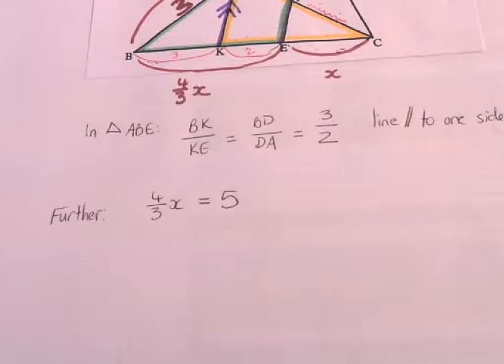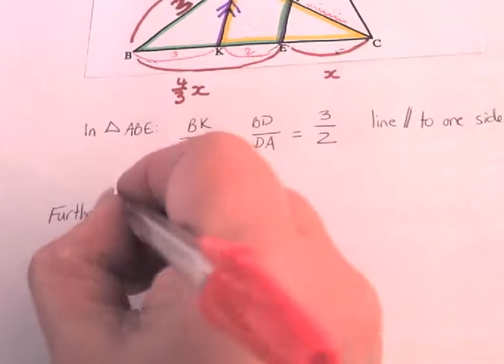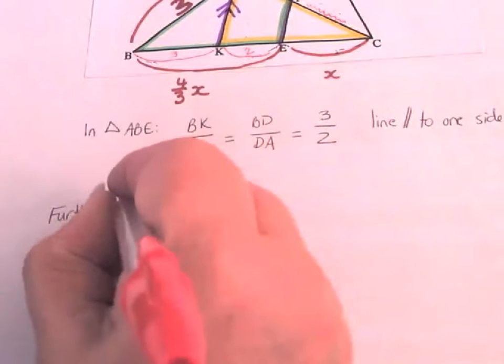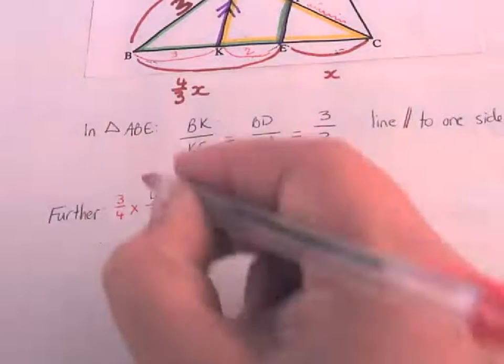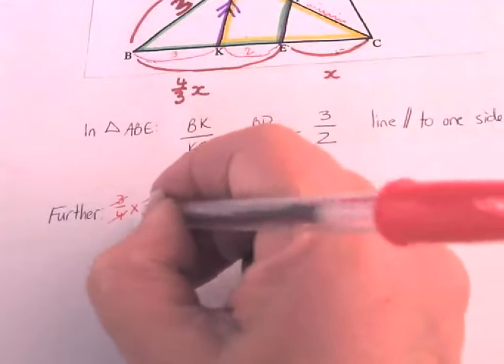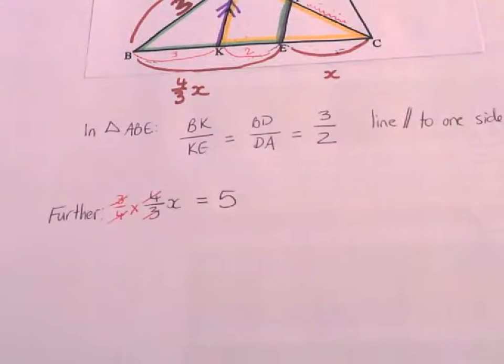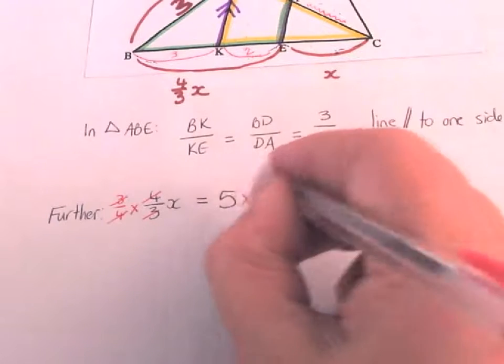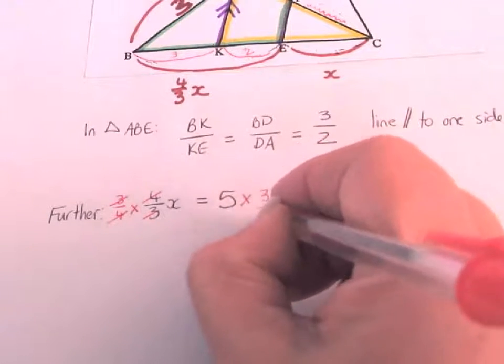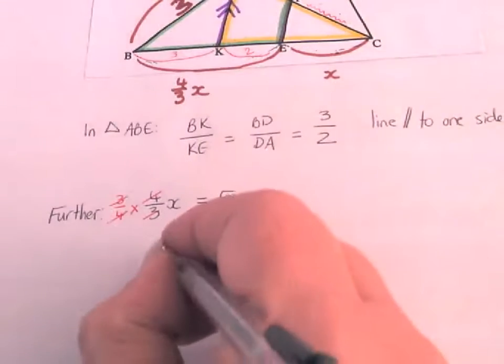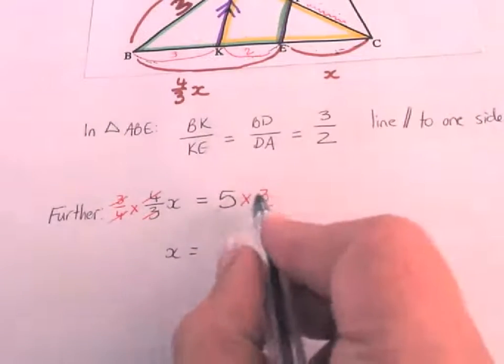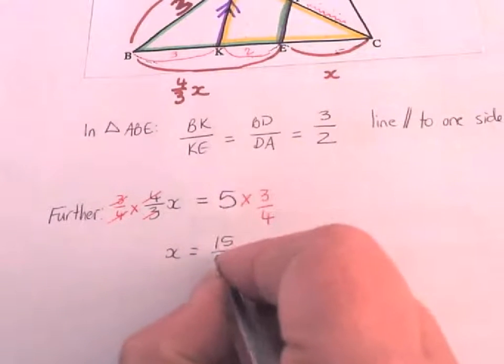Now we can solve x. We multiply with the reciprocal, 3 over 4, and then we can cancel out all the numbers, but we must also multiply here with 3 over 4, and then you get x equals 5 times 3 is 15 over 4.